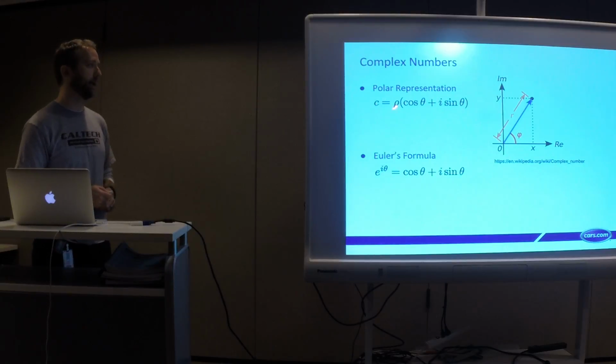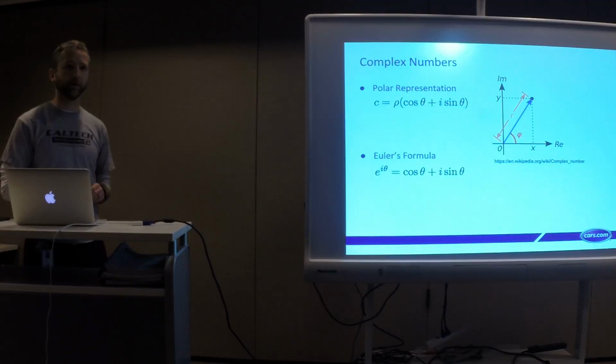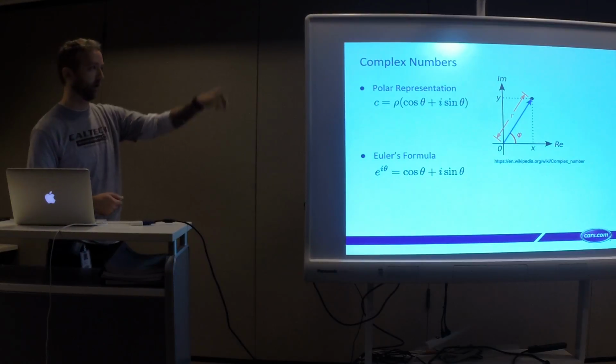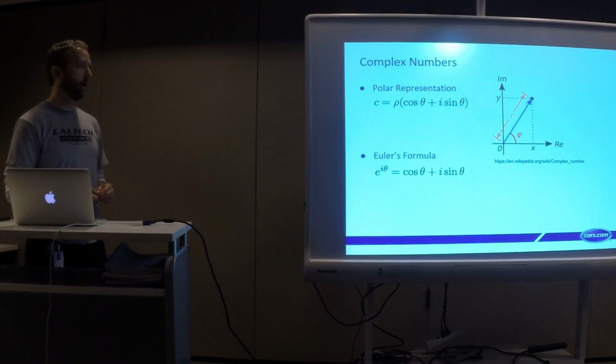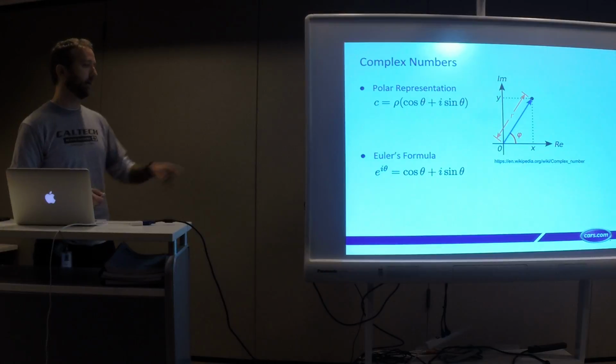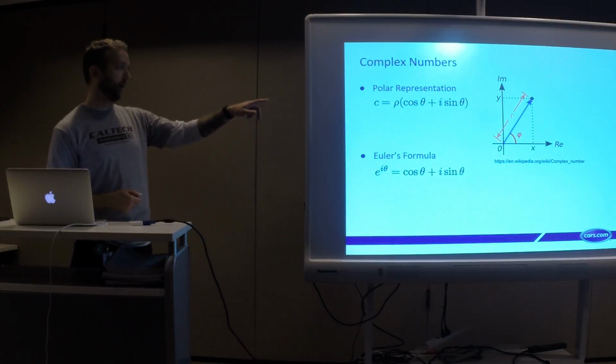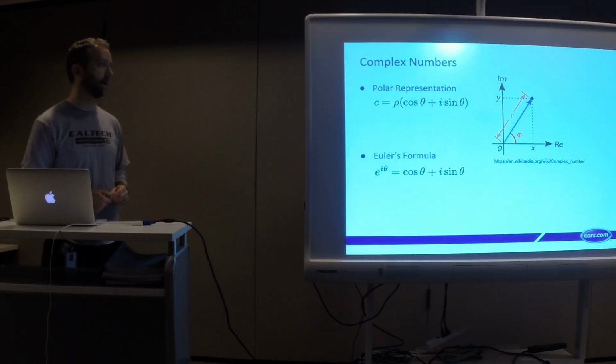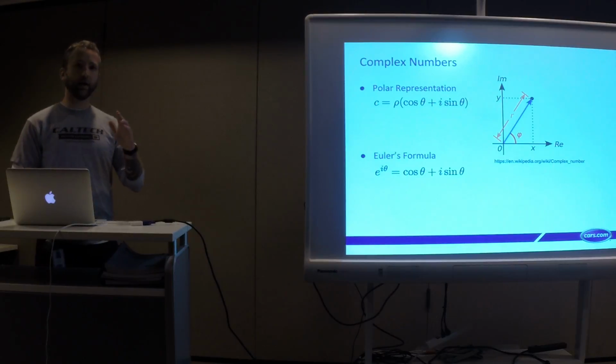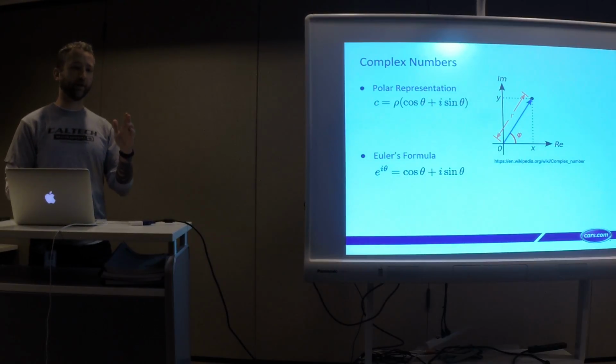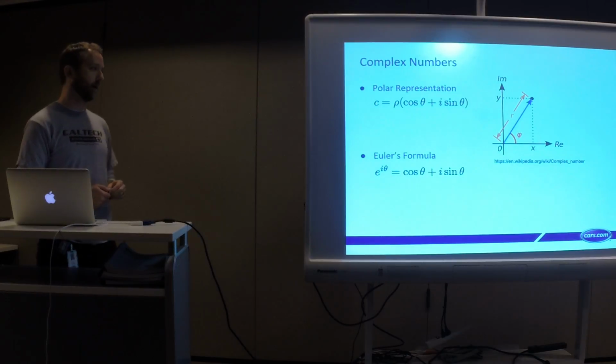So here, ρ is the modulus, the length of the vector that is created from the origin to the point, and then cosine theta plus i sine theta. So we can also envision this vector, this complex number, as having a rotation around the origin of angle theta.